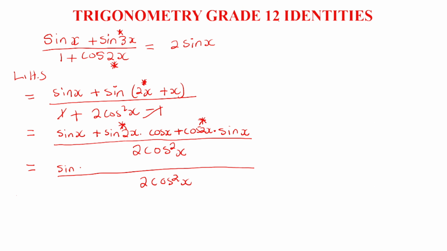So we've got sine x, and when we change this, it is going to give us plus 2 sine x and cos x. That's our identity. Then everything should be times the cos x that was there, plus, for now, this one I'm not going to change, for the sake of simplicity and to avoid any confusion. I'm just going to write it as it is: 2 cos 2x times sine x.